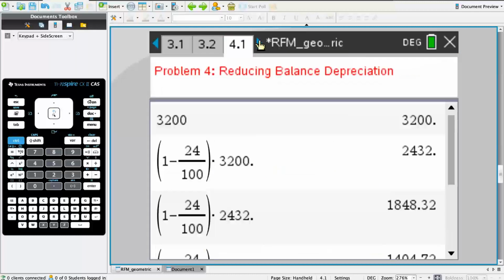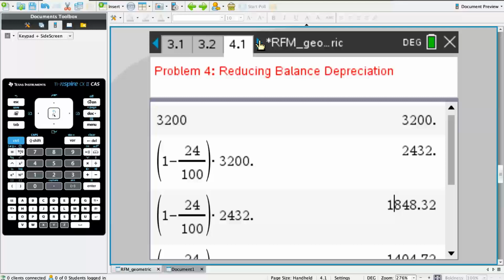Something starts at 3,200, that is the gaming computer value. However, you'll notice in the formula that the big R is still there, but in this case it's being subtracted. So it's 1 minus 24 over 100 rather than any pluses involved. So the thing will decrease in value. You'll notice that after 1 year, that computer is worth 2,432.